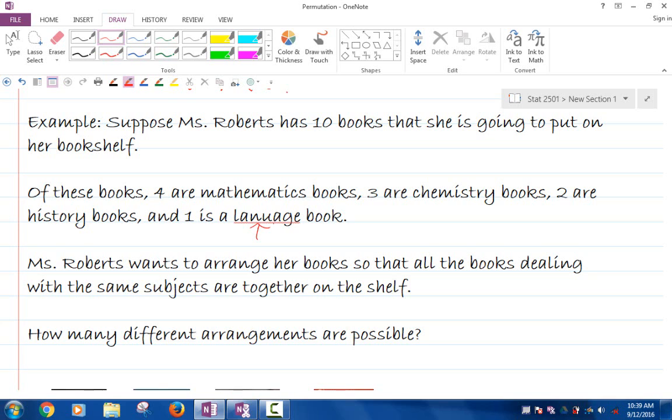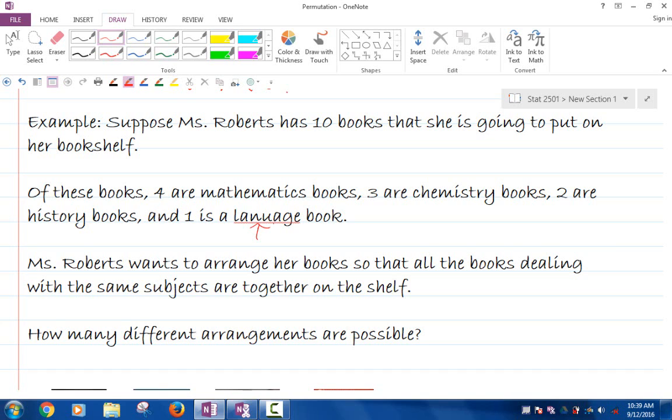Just 4 factorial? Anybody else? So why are you saying 4 factorial? So you are just arranging the 4 subjects? Yeah. So your 4 factorial means arranging the subjects. So think about a shelf, like just one shelf row, and then you're arranging the subjects, right?